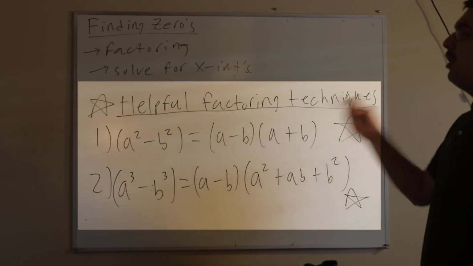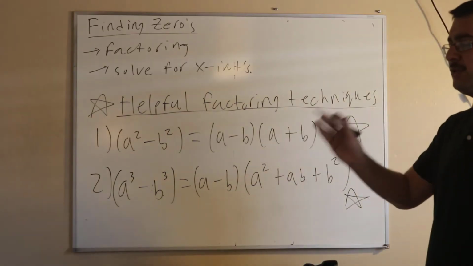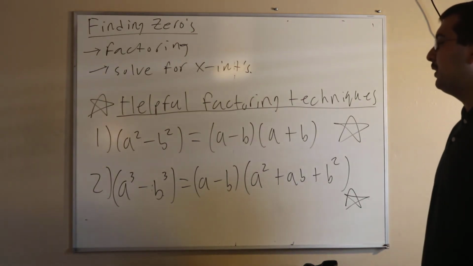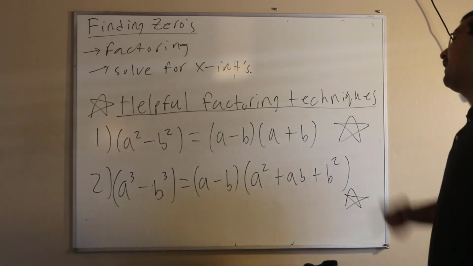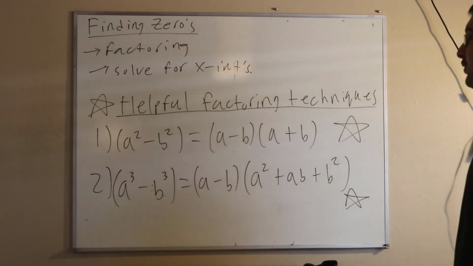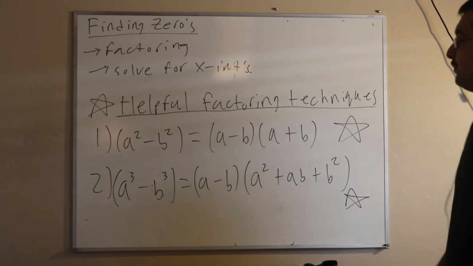As I said though, I think 2 or 3 lectures from now, we're actually going to talk about some other more advanced ways of factoring polynomial functions. But for the time being, here are 2 helpful ones that if you haven't been introduced yet, I thought I would go ahead and do so now.